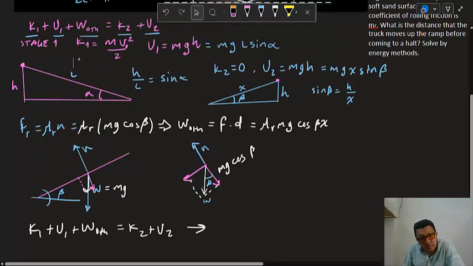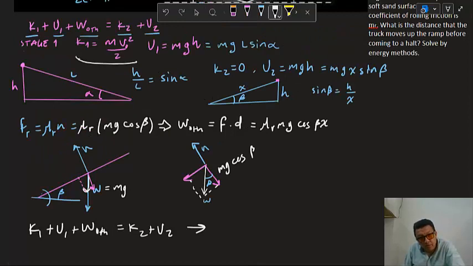We have K1, kinetic energy 1, mass and velocity V0. It does not mean that it's zero, it's that the velocity is not set in the problem. We only want to set the variables here.